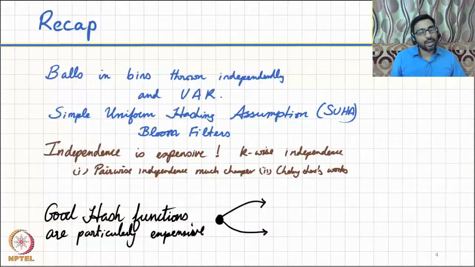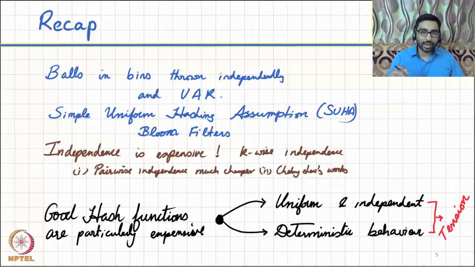We have also observed in the past that hash functions can be expensive, and difficult to analyze and hard to implement and so on and so forth. And the problem comes from the fact that hash functions have to balance two requirements.